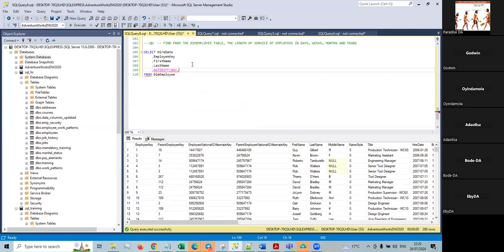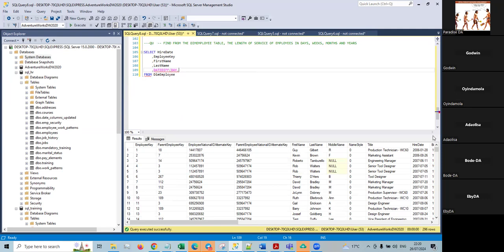What are the 3 arguments that date diff requires? Who remembers the arguments? The start date and the end date. The interval. Okay, interval, start date, end date.